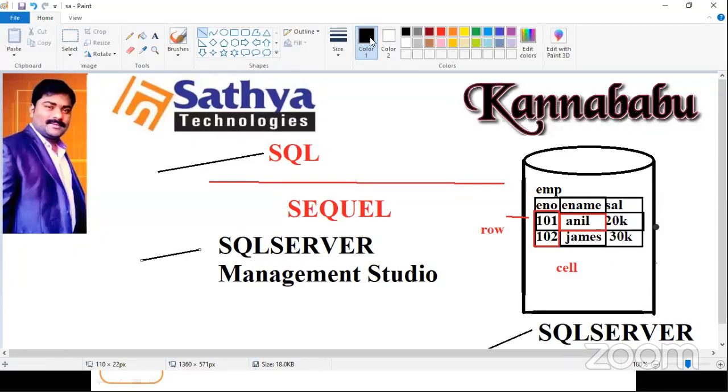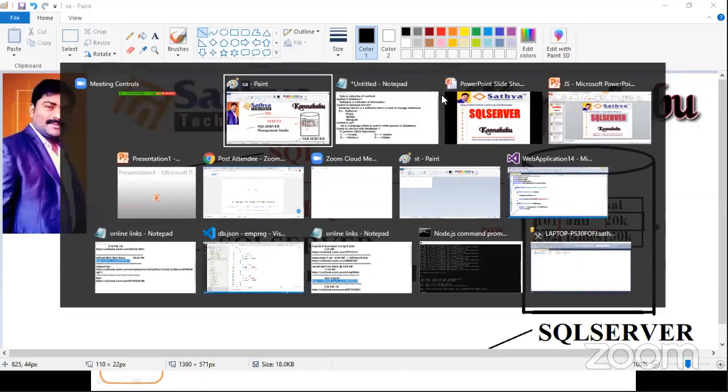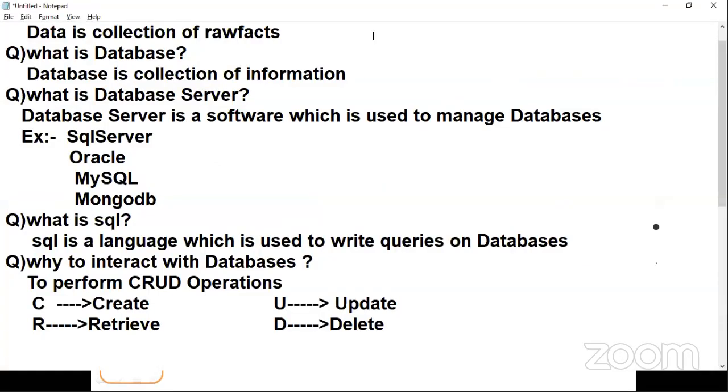I hope you understood. Database means the place where the data is saved permanently in the form of tables. In a database, the data will be stored in the form of what? Tables. So I will write here. What is SQL Server?